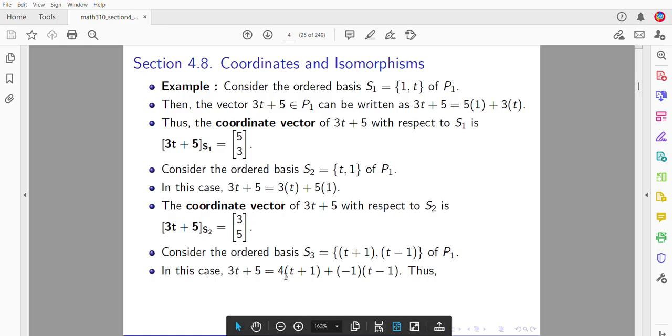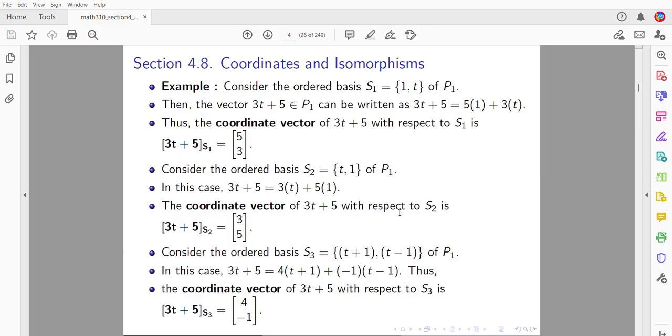You can check: 4 times (t plus 1) plus negative 1 times (t minus 1). 4t minus t is 3t. 4 plus 1 is 5. So that is indeed the linear combination. So in terms of this ordered basis, your coordinate vector is 4 comma negative 1. All right.